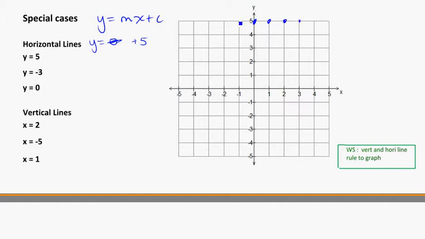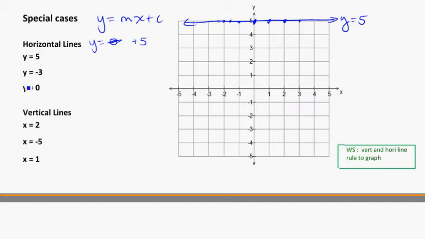So you could think about an infinite number of points along y equals 5, or just putting that line straight across there. So again, it doesn't matter what value of x I have, my y is always equal to 5. It makes a horizontal line, but I know anywhere on that line y is equal to 5. It's one thing that never changes.